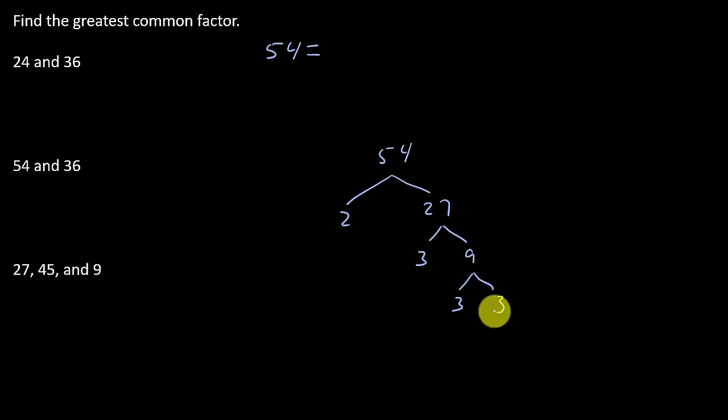Now, one thing I do want to say in this video: if you're at this point in math, then you should know how to write it as a product of prime numbers. If not, I've got a video you can watch where I go into more detail of how to do it. So the 54 can be written as 2 times 3 times 3 times 3.